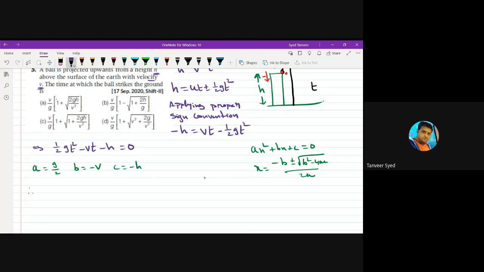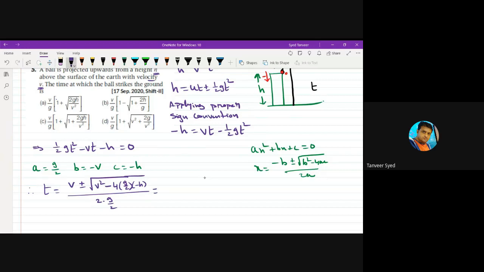Okay, and the two roots of the equation, that is values of time t, will be minus b, minus of minus v, which is plus v, plus or minus root of b square means v square, minus 4ac, minus 4 into g by 2 into minus h, by 2a, 2 into g by 2.